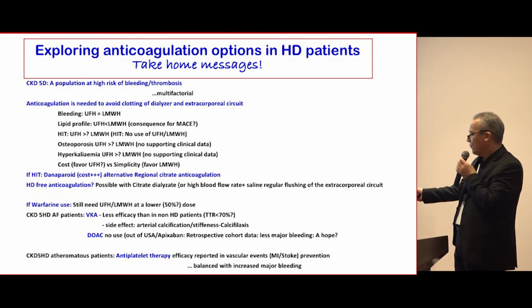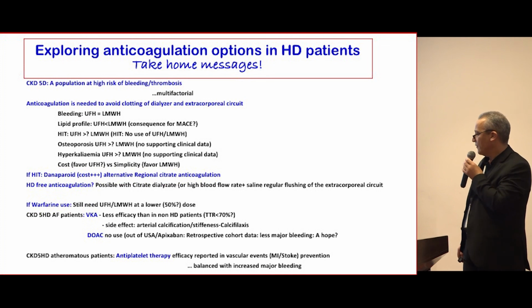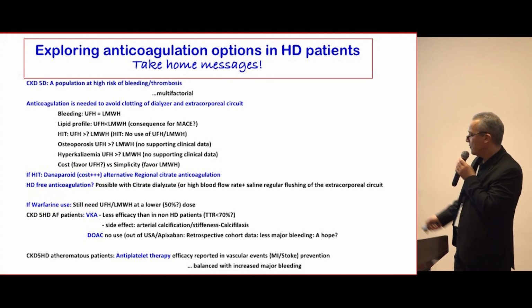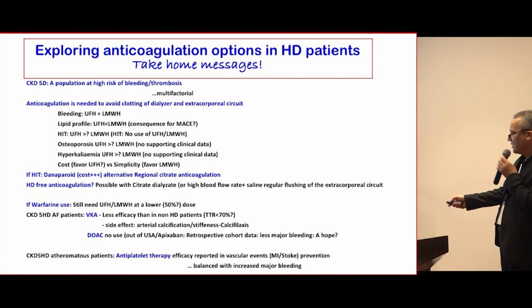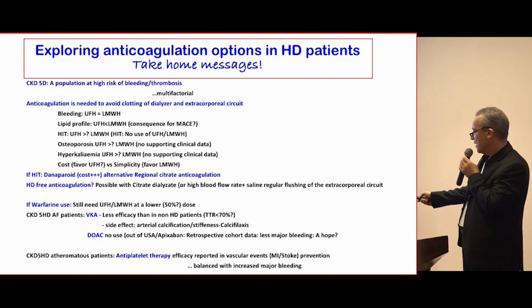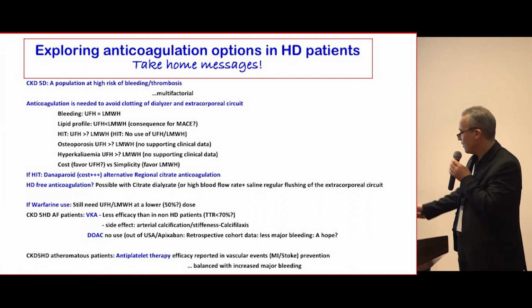And we can also look at the side effects of these molecules: arterial calcification, stiffness, and calciphylaxis. The direct oral anticoagulants are not to be used in our patients, only in the USA where it is possible. And with the retrospective cohort data, there is less major bleeding, so it is a hope for our patients.